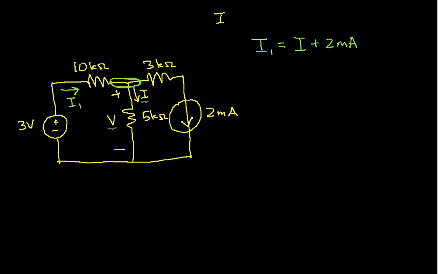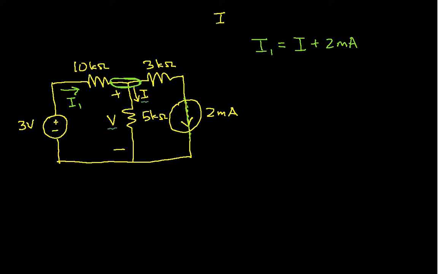And why can I say 2 milliamps? Well, the current through this current source is 2 milliamps. This current source will have whatever voltage is necessary to make sure that there's 2 milliamps flowing through it.